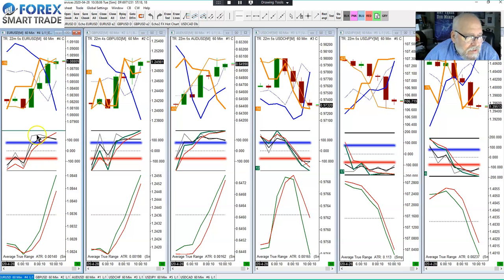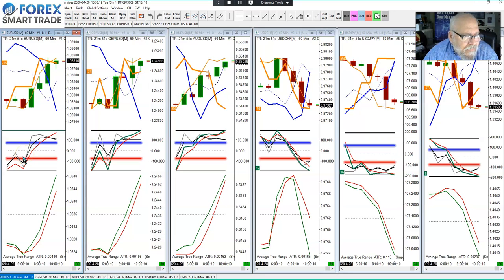My green line isn't on here, and I'll have to figure that out after we get off the call. But right now the red is pointing up, so it doesn't matter.